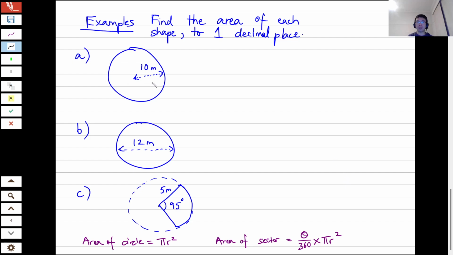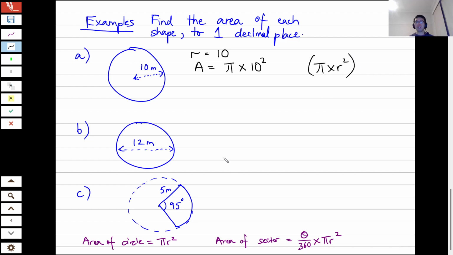So in the first example, I have given you the radius, the distance from the middle of the circle to a point on the circle. So the radius is 10. Now I can use the formula area equals pi times r squared. And I'm just going to write pi times 10 squared. Pi r squared and pi times r squared are the same thing, because if I write two letters next to each other, that means multiplication is happening.